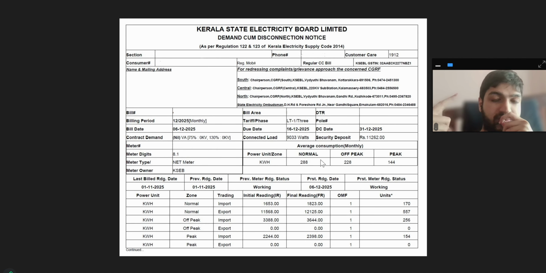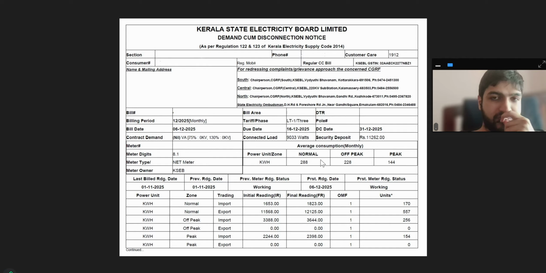Peak zone will be from 6 p.m. to 10 p.m. That is the peak time when the demand from the utility is maximum, as many house members are there during this time. Off peak will be 10 p.m. to 6 a.m., usually in the night, so the consumption will be less, and that is why it's called off peak.